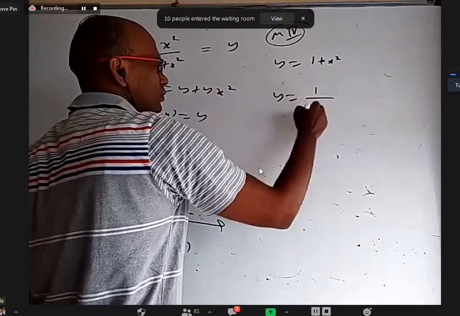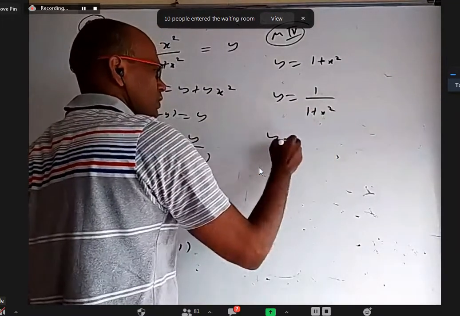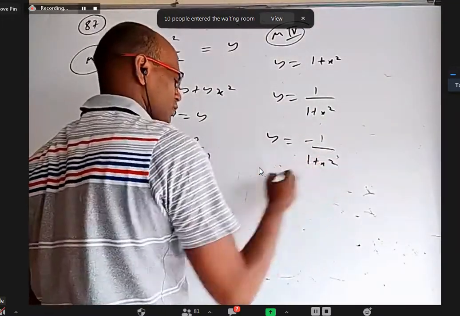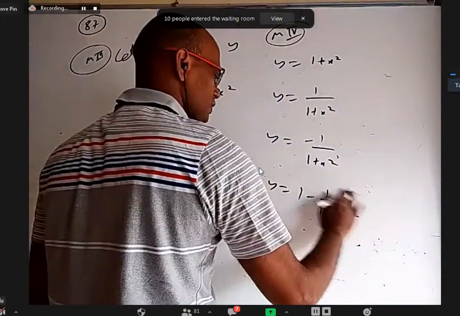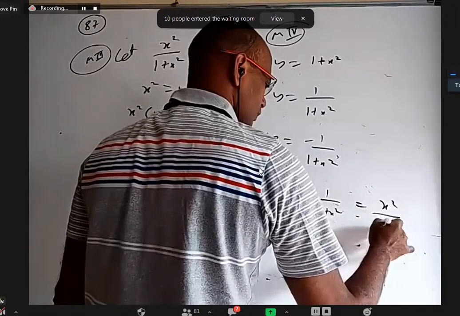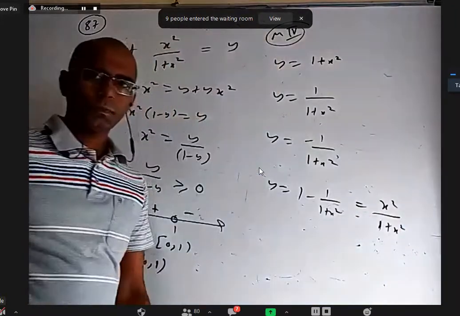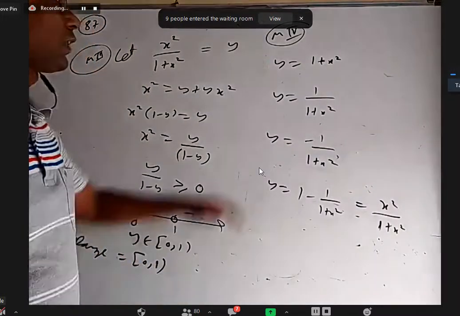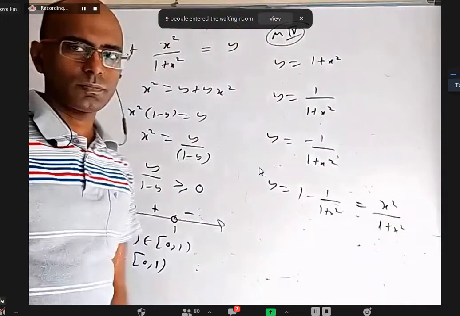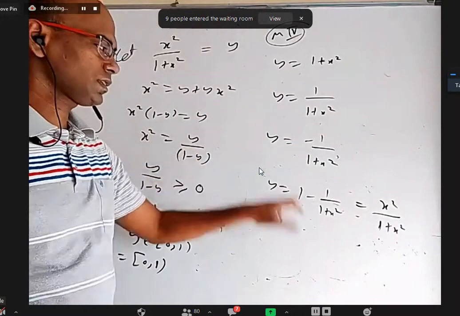Then I want y equal to 1 by 1 plus x square. Then I want minus 1 by 1 plus x square. Then I want 1 minus 1 by 1 plus x square, which is x square by 1 plus x square. Okay, all of you are good in graphs. Recently completed quite thoroughly. Why don't you try to draw these 4 graphs? First this, next this, next this, next this.